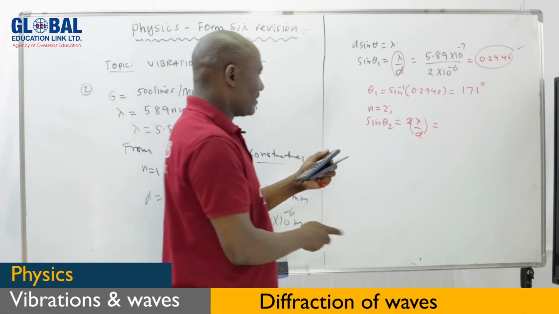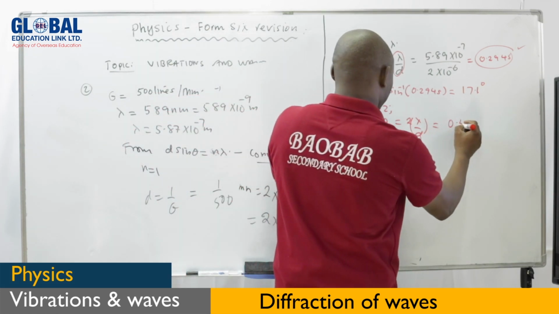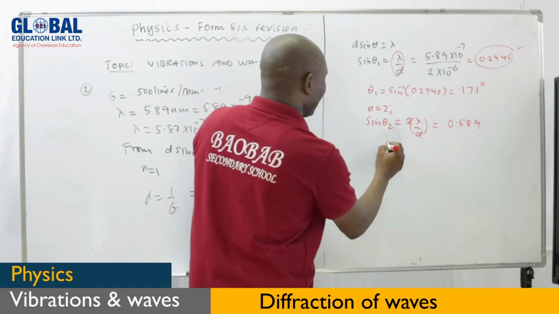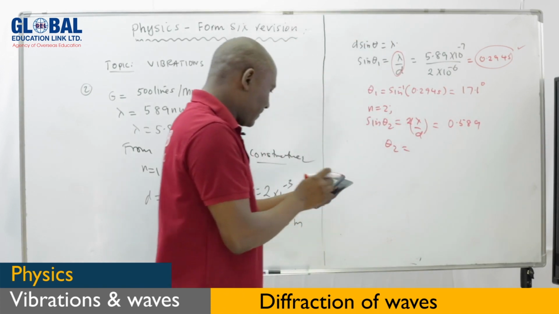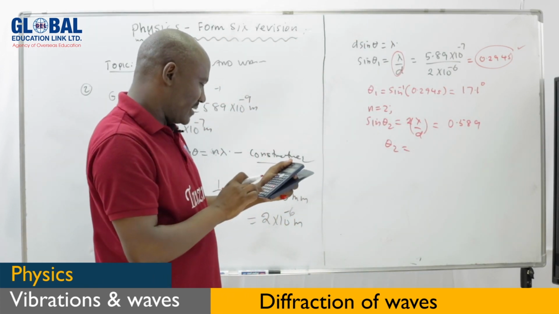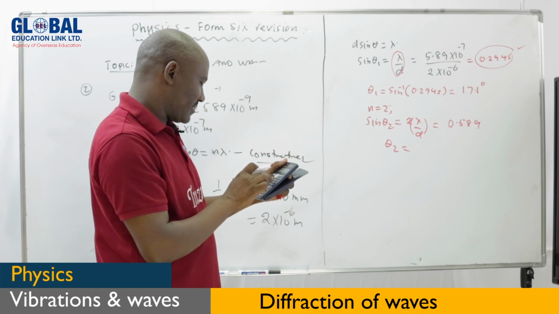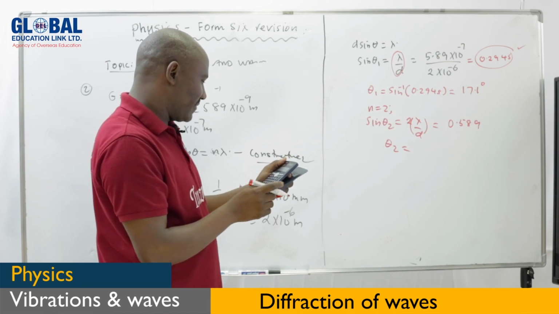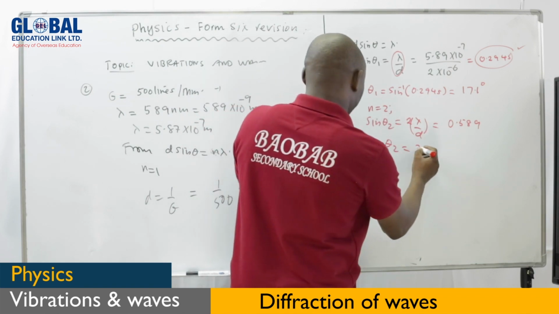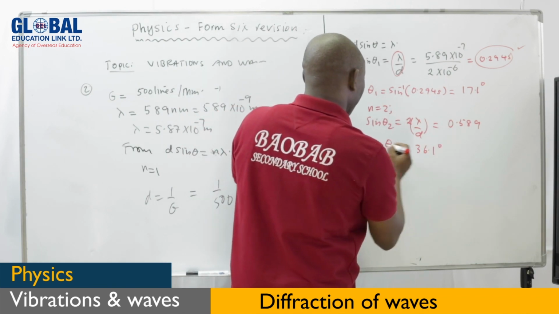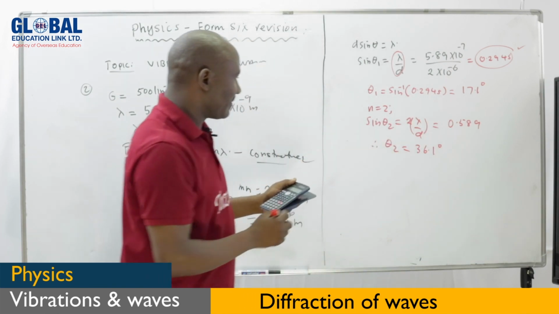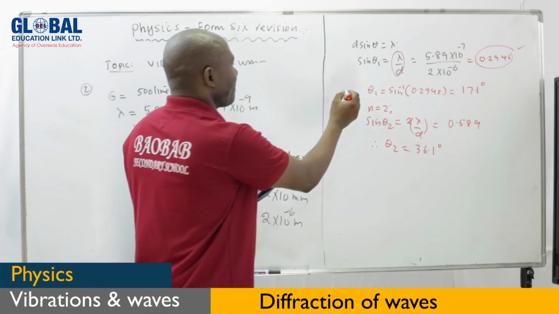You get 0.589, and then you find the angle: sine inverse of that gives us 36.1 degrees. So that's the angle corresponding to the second image.